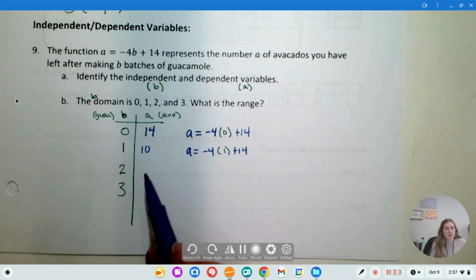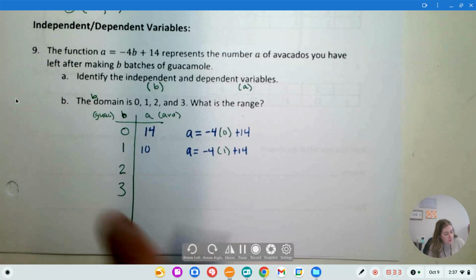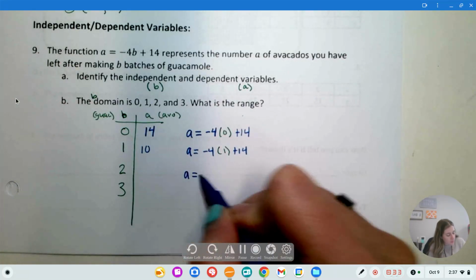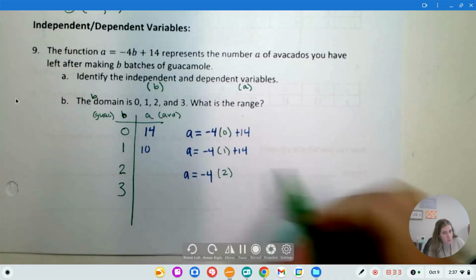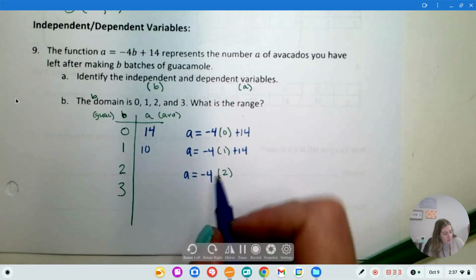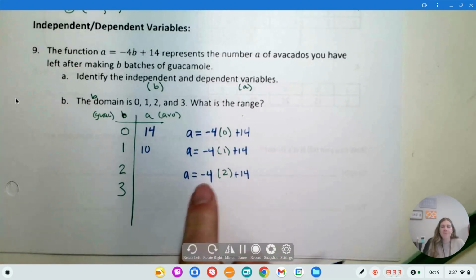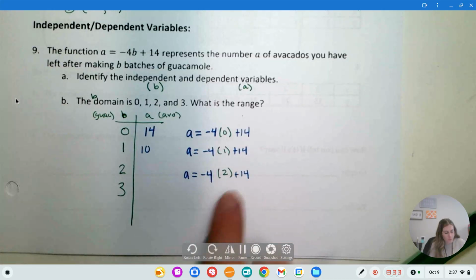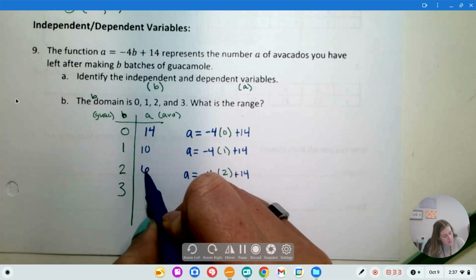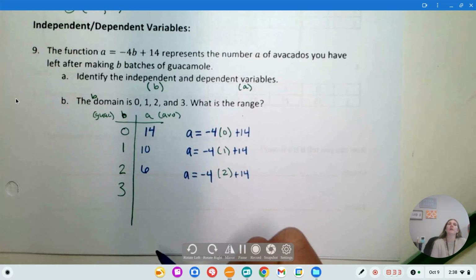Okay, we might start to see a trend. So what happens if I make 2 batches of guacamole? -4 times 2 batches plus 14. -4 times 2 is -8 plus 14. I've got 6 avocados left.